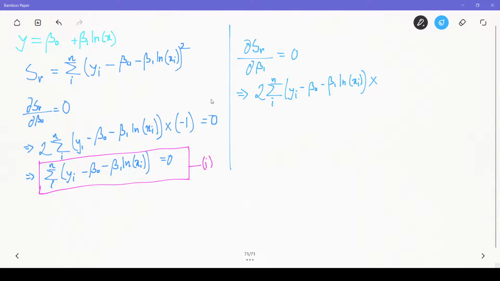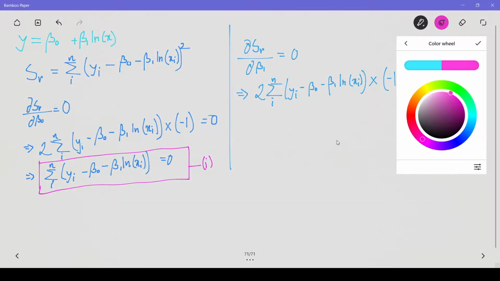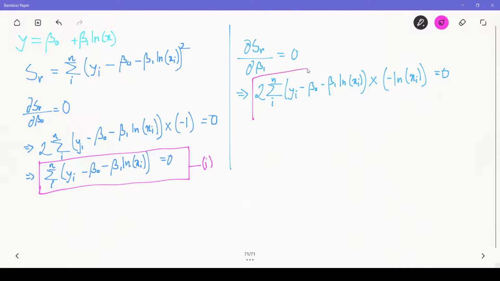Okay, so we are differentiating with respect to beta 1, right? So beta 1 is over here. So we can just take out the minus ln xi, and we are ready to go, right? So minus ln xi equals 0, right? So without simplifying it further, we can see that this whole thing is another non-linear bivariate equation, right?